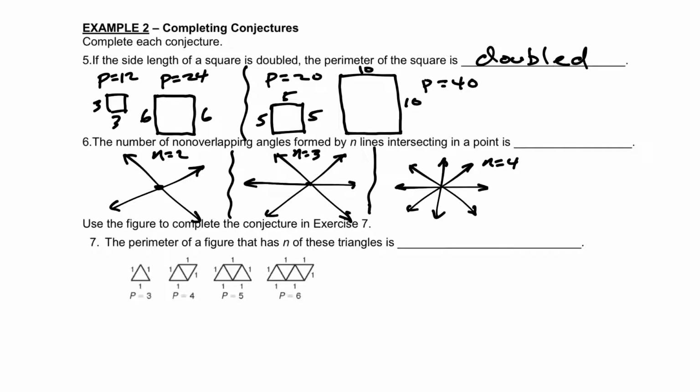So then the non-overlapping angles here that we're talking about, those would be these angles right here. So you'd have this black angle, and then this blue angle, and this red angle, and this green angle. So in that case, we have 4 angles.